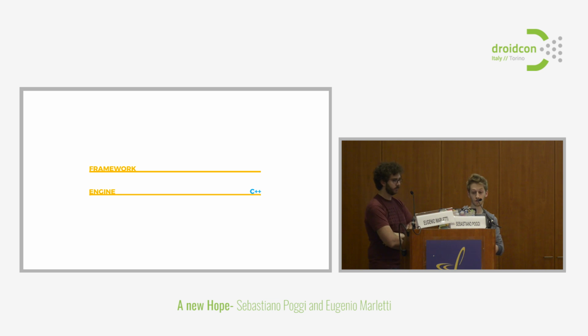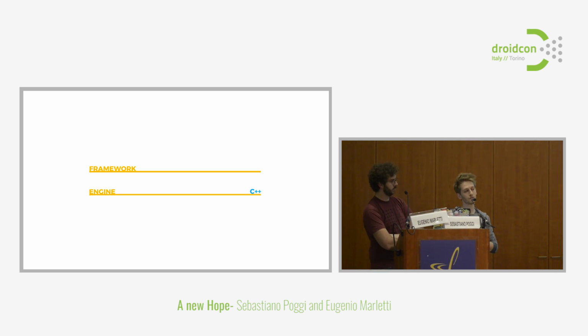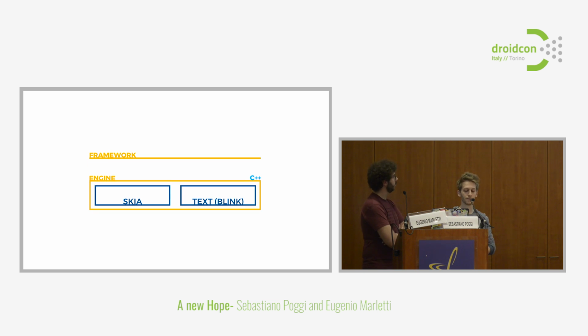So the engine, which is the lowest part, the one that you probably never use, is written in C++. And it contains the things you need to draw on the screen. So Skia for 2D graphics, and the text rendering and layout from Blink, which is the new rendering engine from Chromium. Super nice. Skia is, in case you don't know, basically the same 2D graphics engine that Android uses.